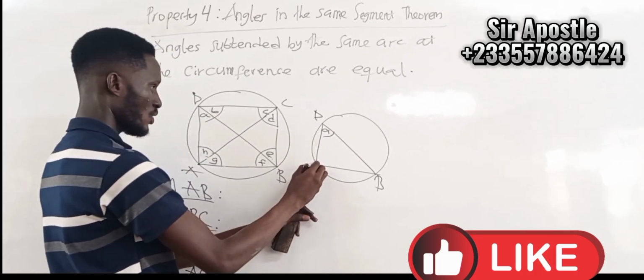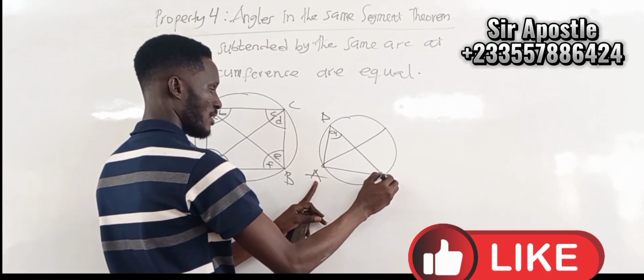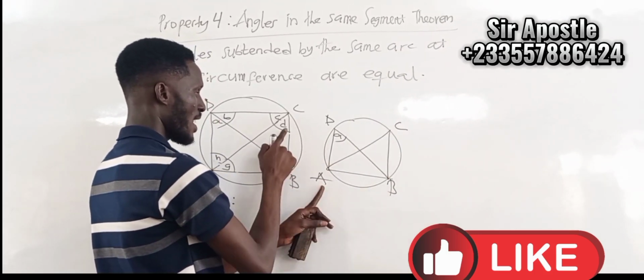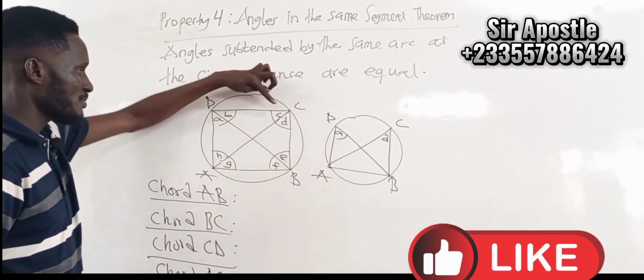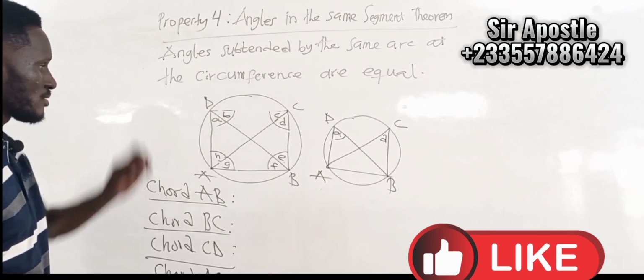Now, the same chord also forms an angle at C. So A comes here, B comes here. It forms an angle here, the angle is C. And the angle formed here is what? Is D. It means that this particular line is not part.